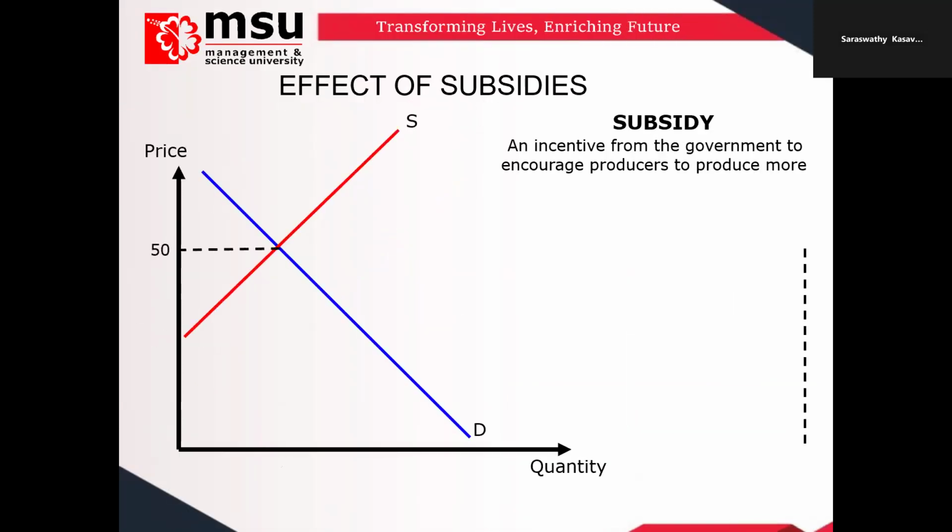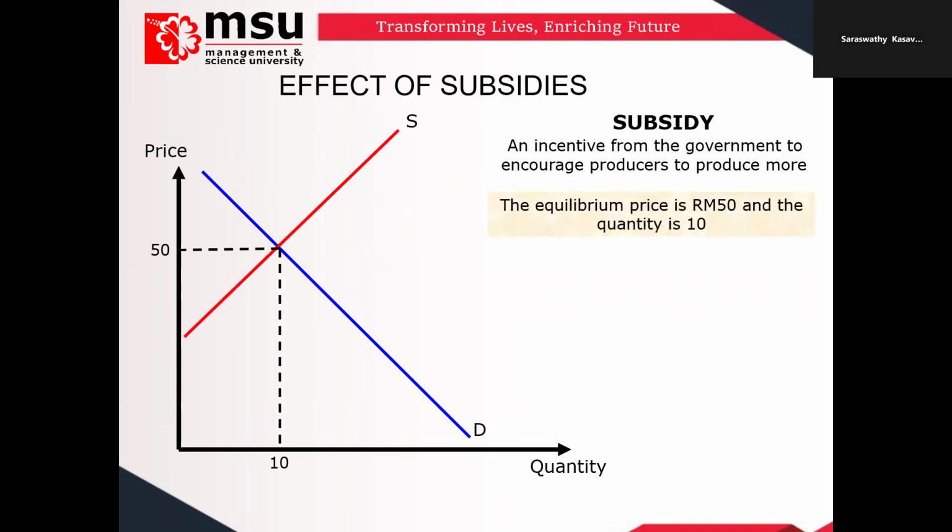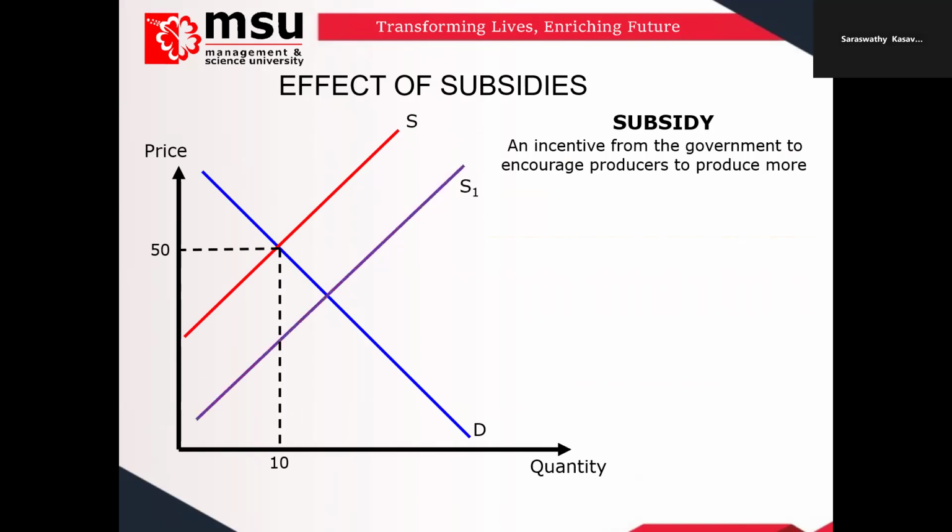What happens when the government implements a subsidy? The original market equilibrium price is 50 ringgit and the quantity is 10. When the government imposes a subsidy on the firm, the cost of production of the firm is reduced.